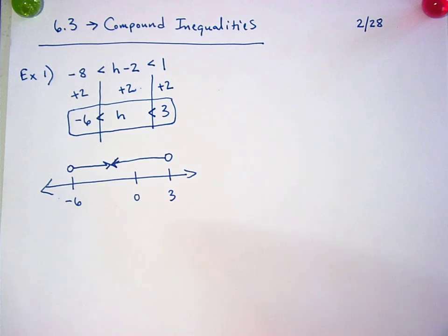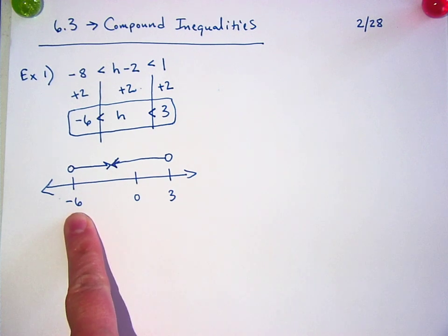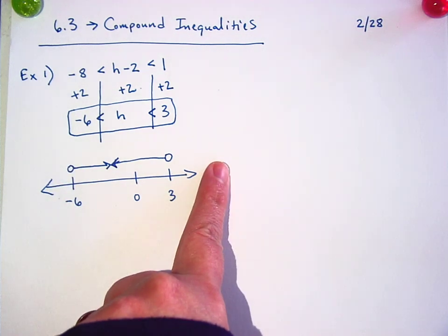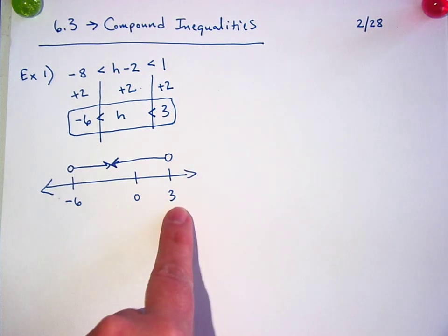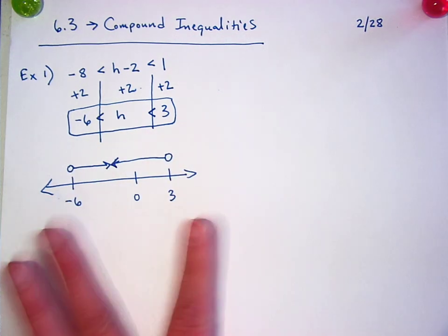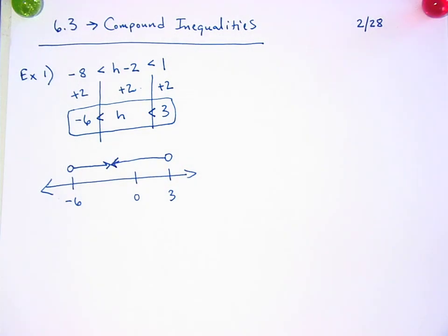Do you see how -2 is in the answer range? This says it is not equal to -6, but anything bigger than -6 is an answer. And this says that 3 is not an answer because it's an open circle, but anything less than 3 is an answer. So -2 falls in there, so -2 works.